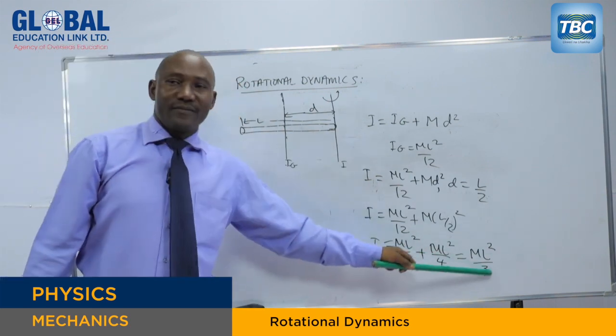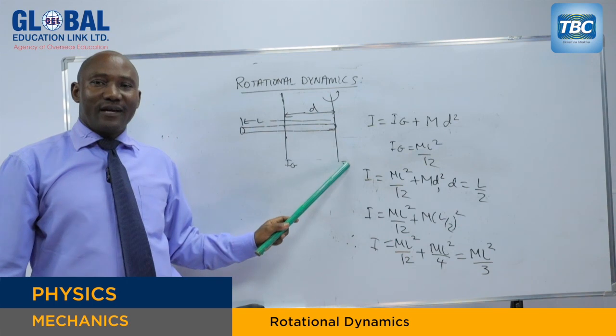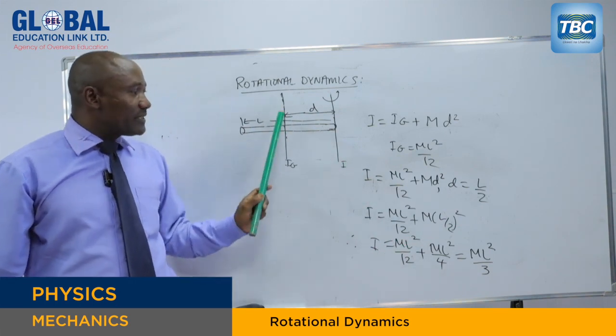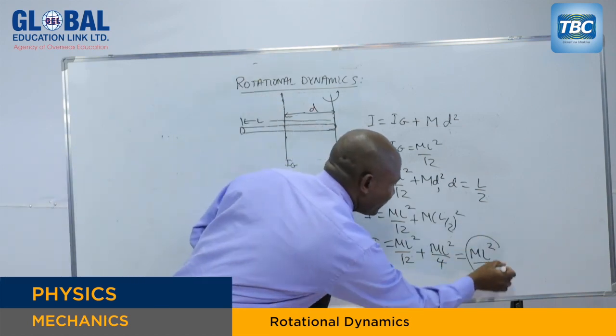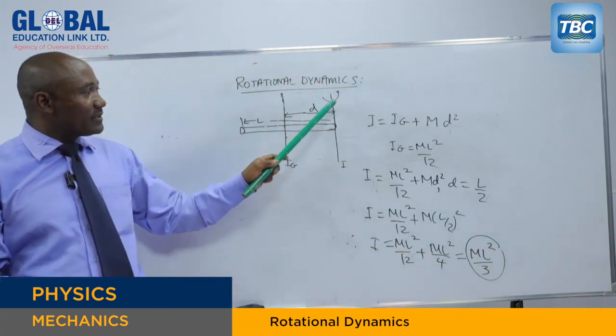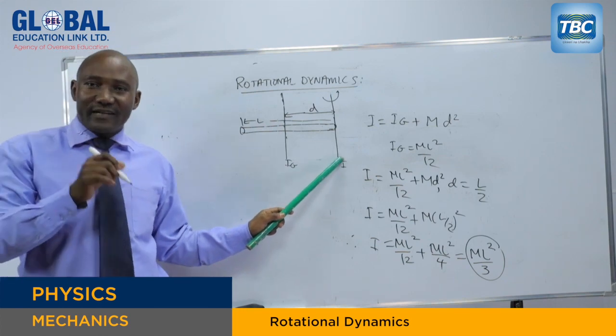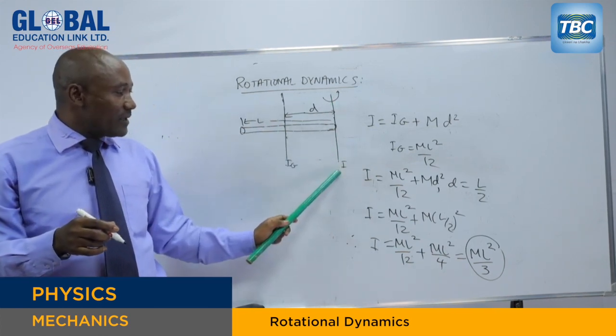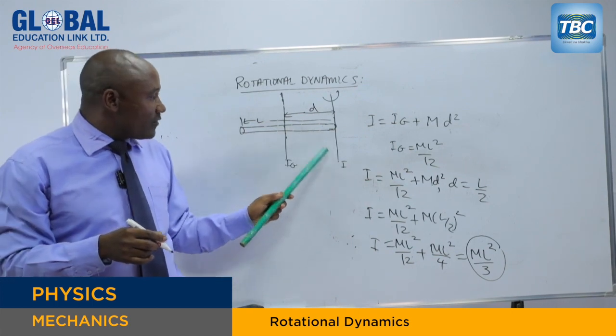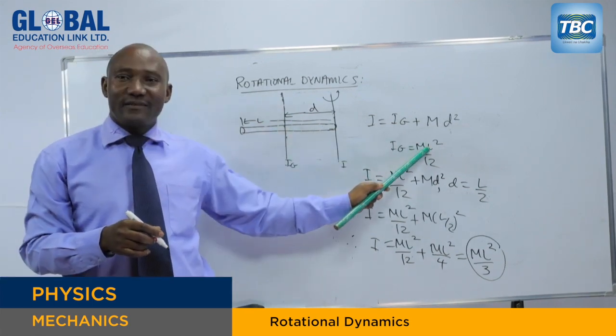You might be given this moment of inertia at the end, and be asked to find the moment of inertia about the center. How? Let's check. Suppose you are given the moment of inertia of a body about the end of that axis, which is now given as I. Can we prove that the moment of inertia of this body about the center will be the same as that?